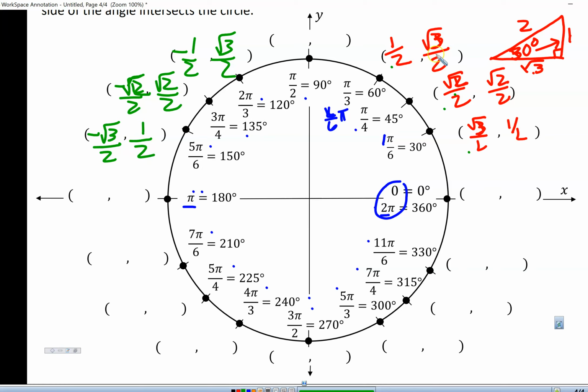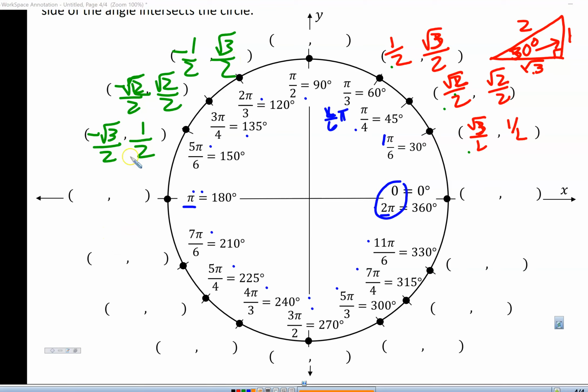Now, each of these quadrants, 1 and 2, can be reflected to beneath the x-axis. So you do an x-axis reflection there. And so all of these points going below the x-axis, all of those y's become negative. So we've got a -1/2.